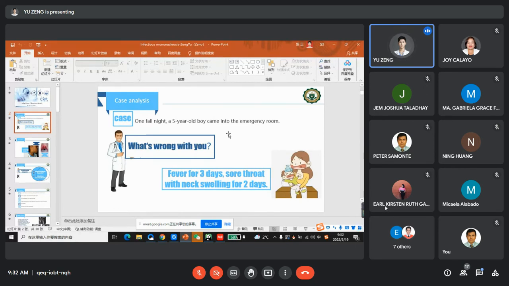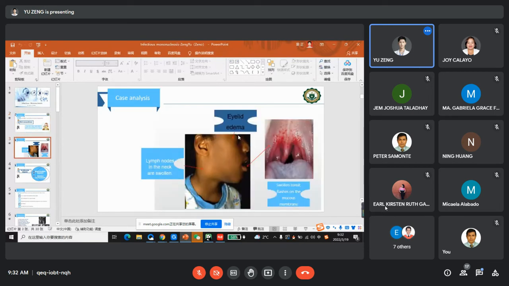One fall night, a 5-year-old boy came into the emergency room. When asked what was wrong with him, his mother said he had been suffering from a fever for 3 days, as well as a sore throat, and his neck had been swelling for 2 days. As we can see in the pictures, there were swollen lymph nodes in his neck.